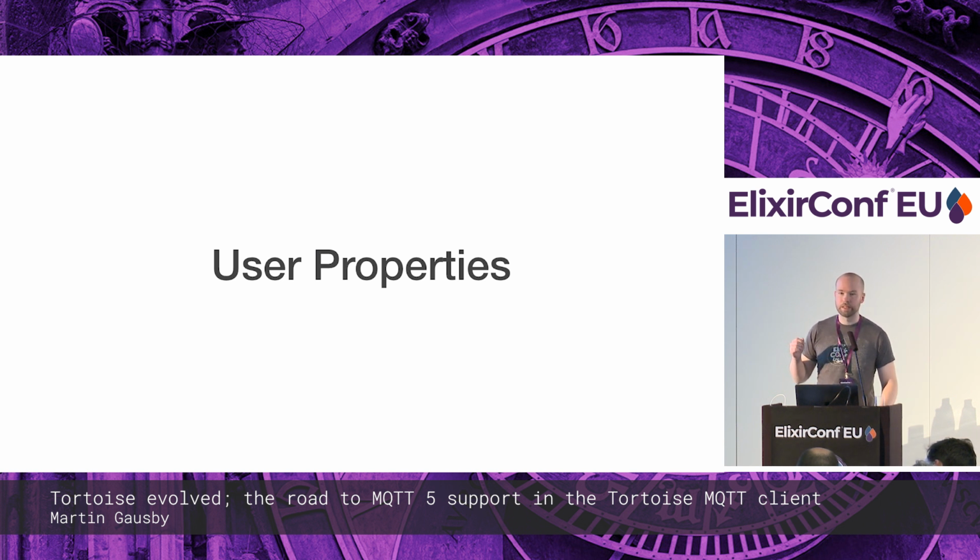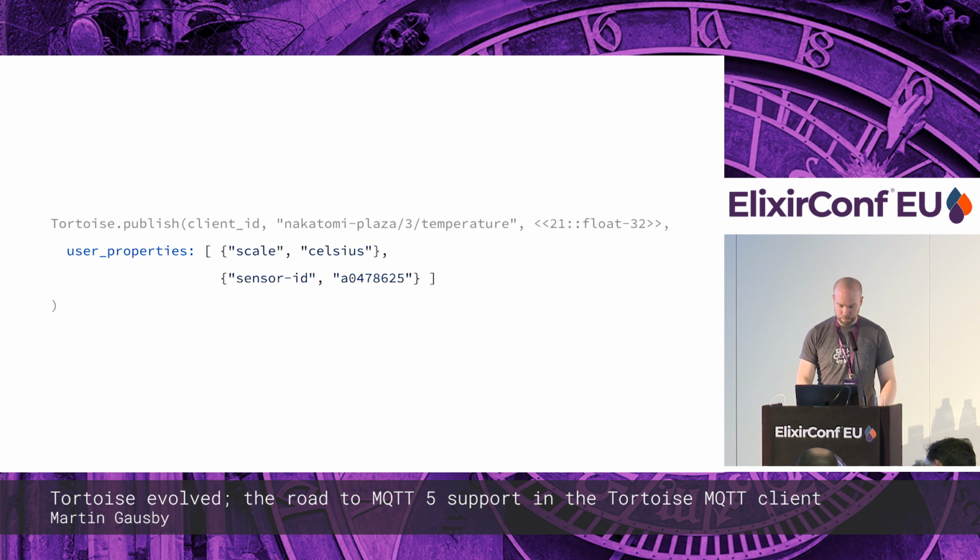So, user properties. This is basically a way to extend the protocol with metadata. Here I have a publish message, and I have decided to put some user properties in it, and it is a list of key value items. So they need to be a pair of UTF-8 strings.